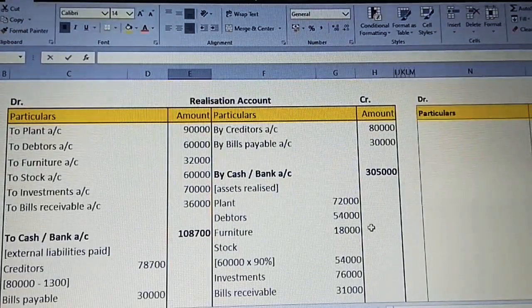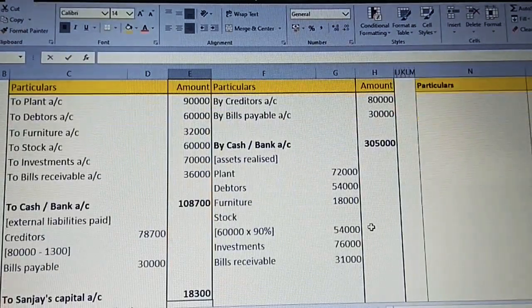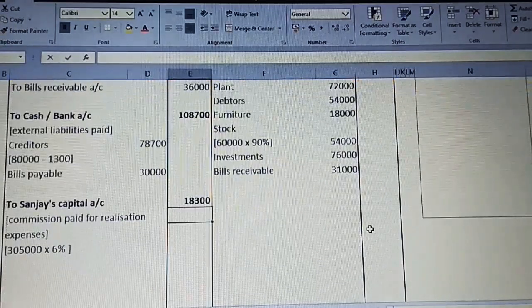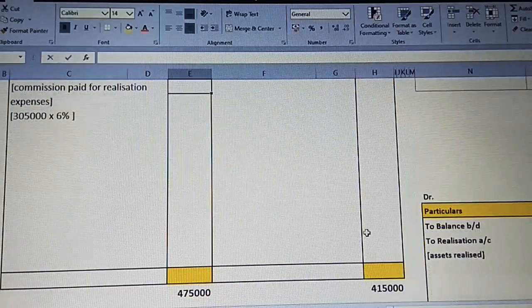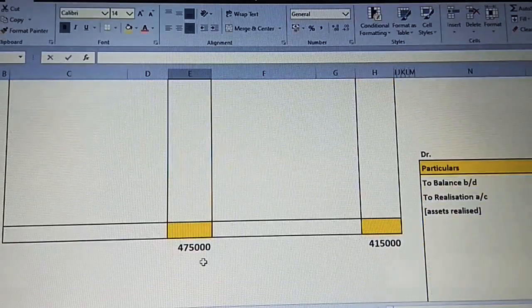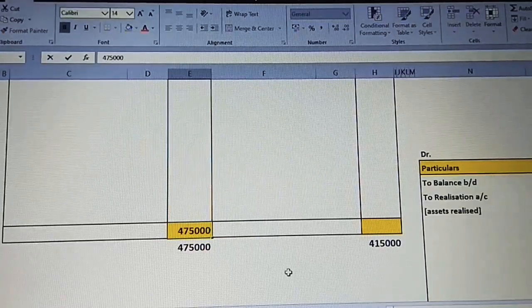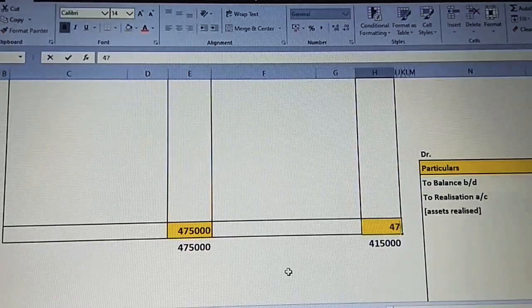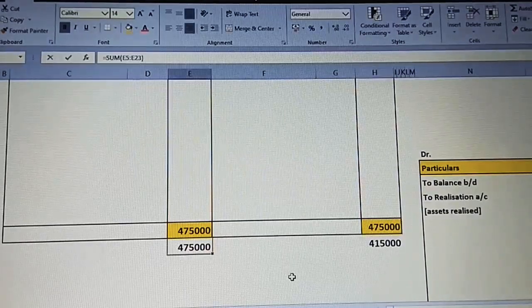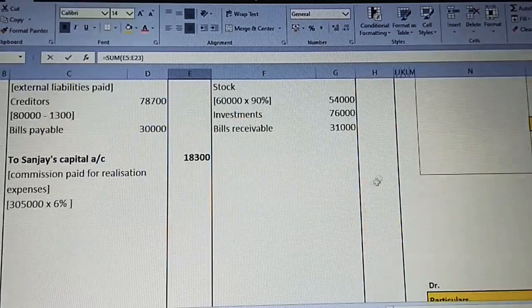the realization account. Just observe. So now we have to find out which side is greater. Just by observing, could you all see whether it's debit side or credit side greater? Debit side. It's 4,75,000. The same is going to be taken up on the credit side as well. Now we have to find out what is the difference.